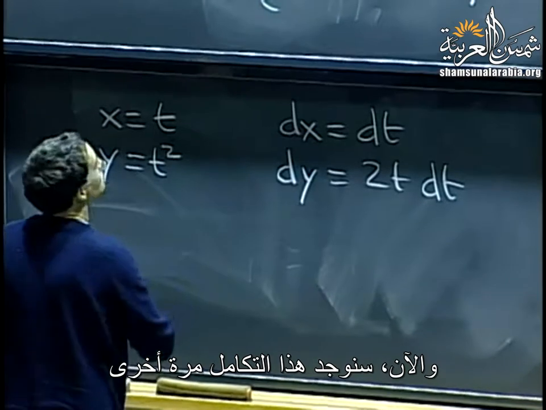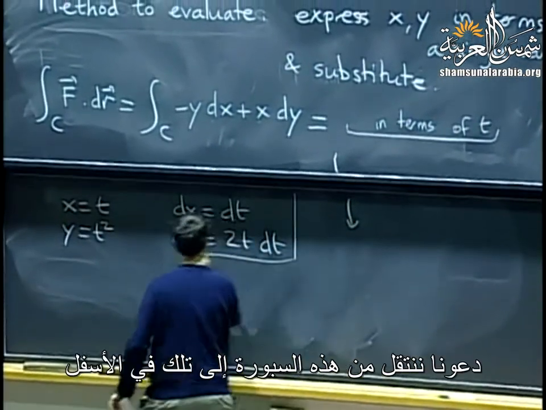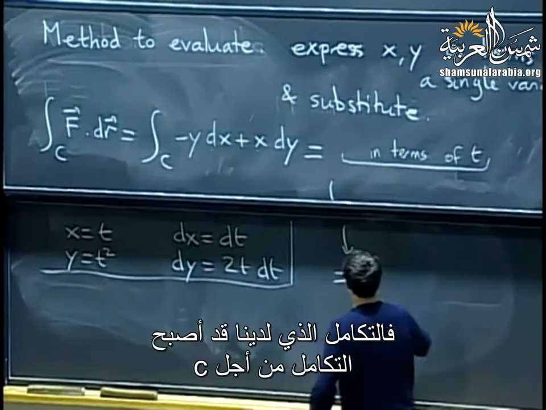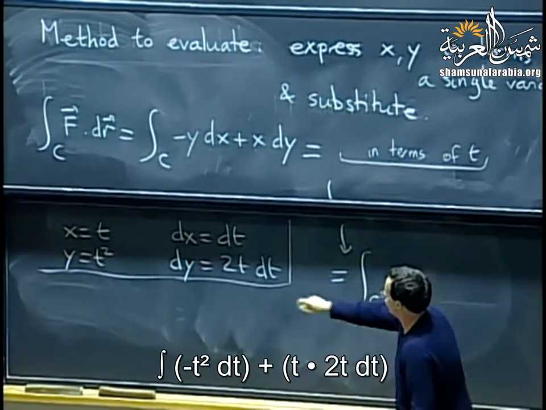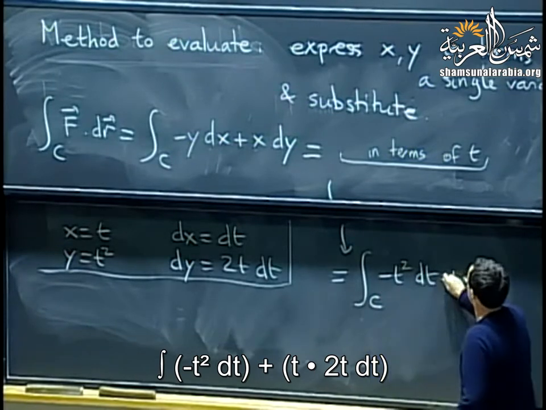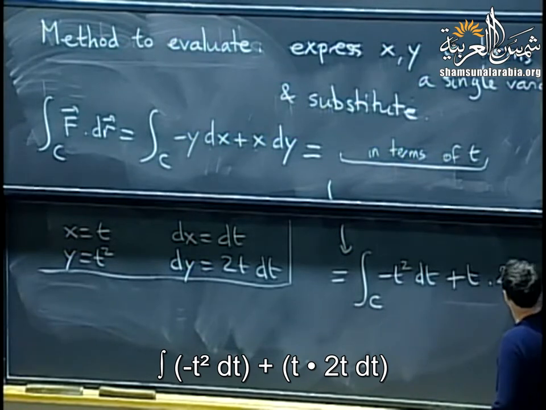So now I'm going to do it again. I'm going to switch from one board to the next one. My integral becomes the integral over C of negative y, which is minus t squared dt, plus x, which is t, times dy, which is 2t dt.